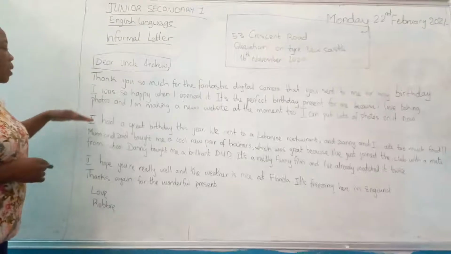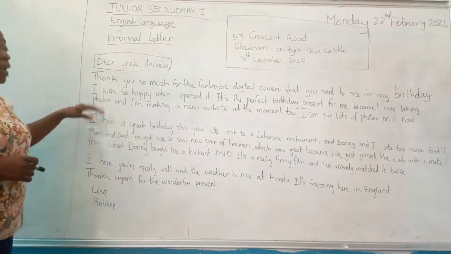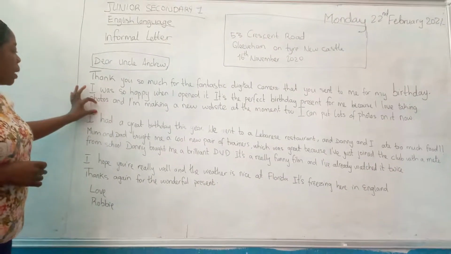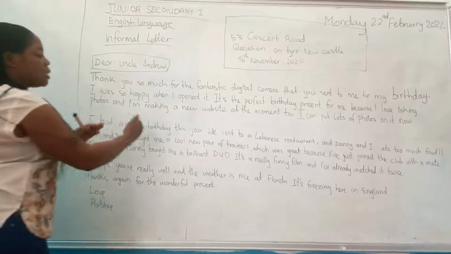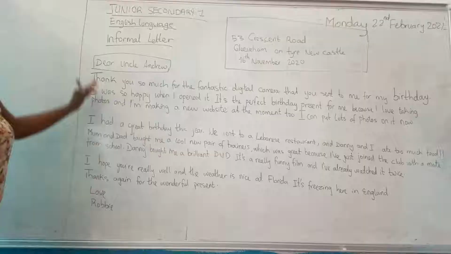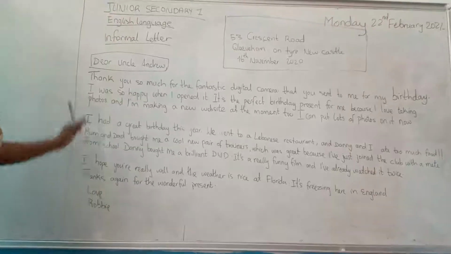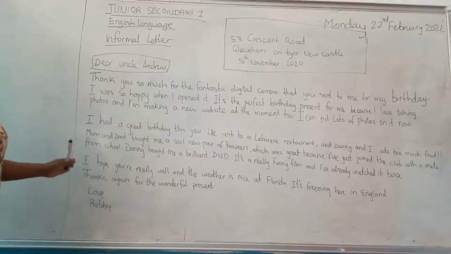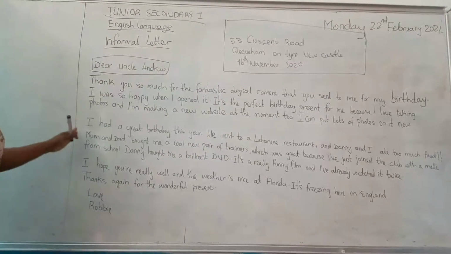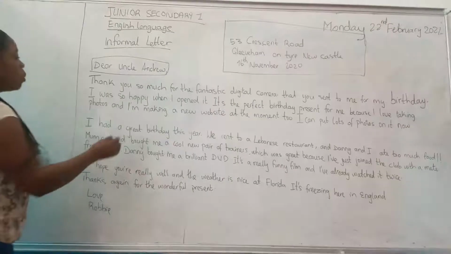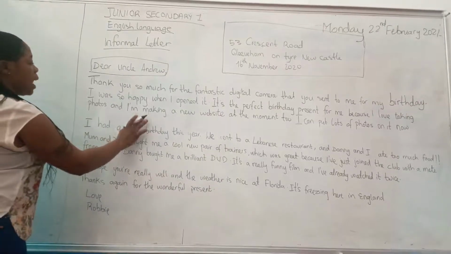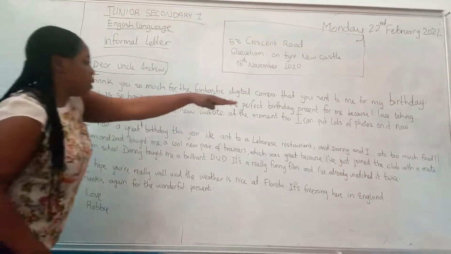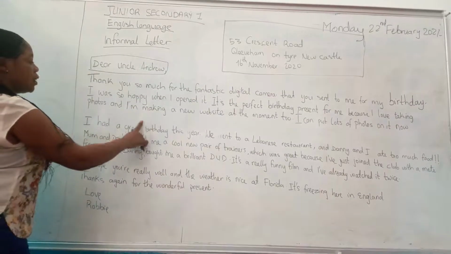Now this is my second paragraph. While making a paragraph, you don't slant it, because this writing is block writing. This is a modern way of writing a letter, or a modern way of paragraphing. You don't slant it like after the last line; you start it here.